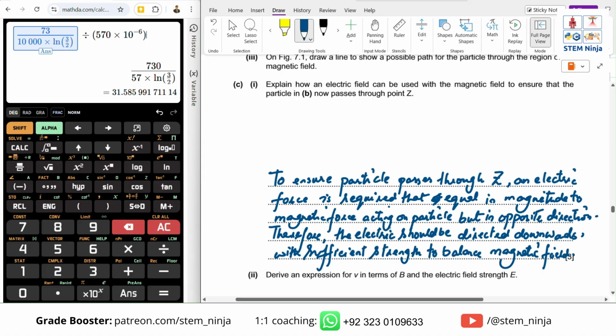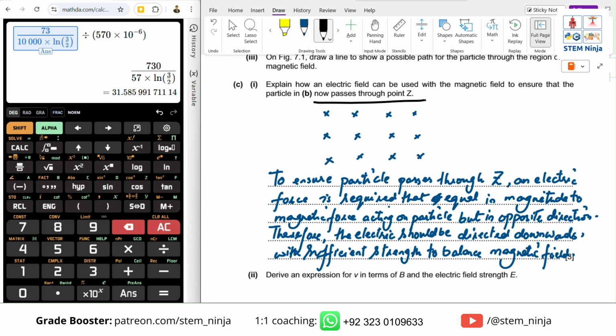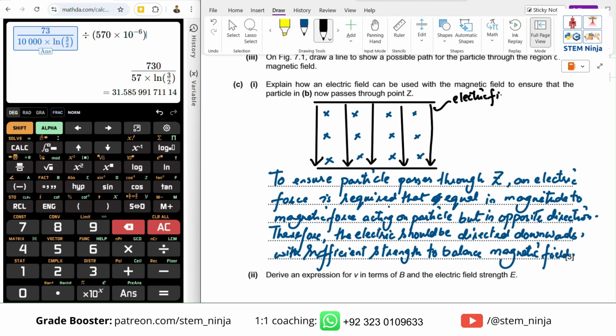Okay, so you could make that diagram. This is the magnetic field. The electric field could be directed downwards. It should be a uniform electric field.